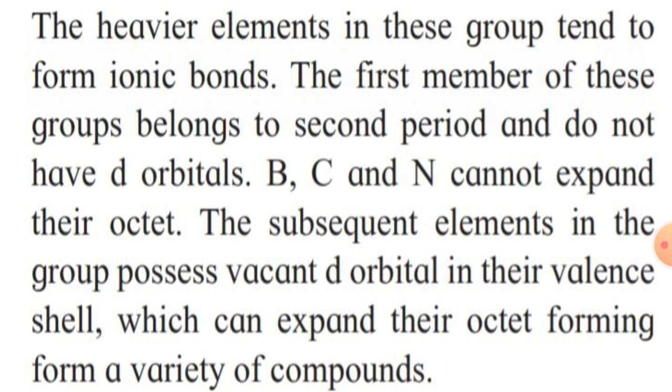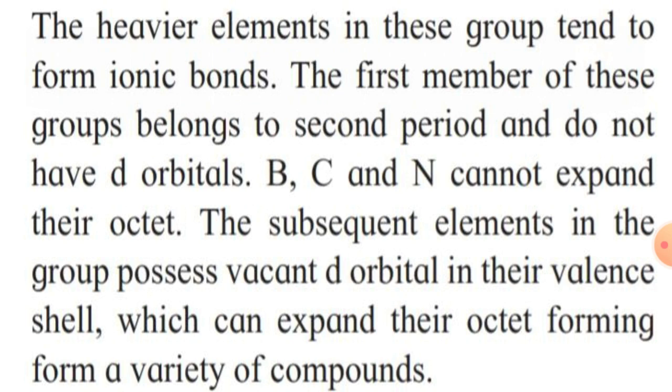Fine. So here, students, the lighter elements will form covalent bonds. They have small atomic radii, hence high ionization enthalpy, while the heavier elements have high atomic radii, hence low ionization enthalpy, and they form ionic bonds.